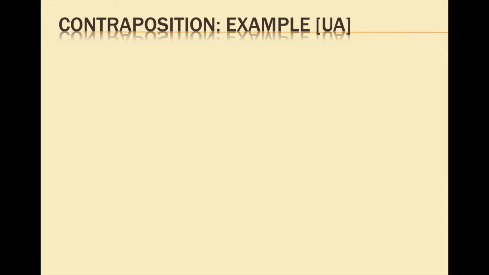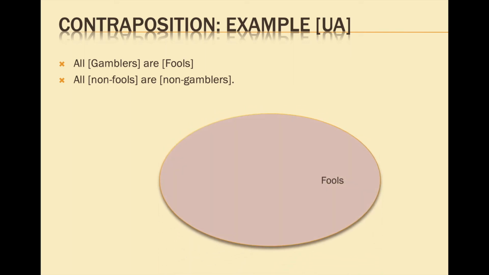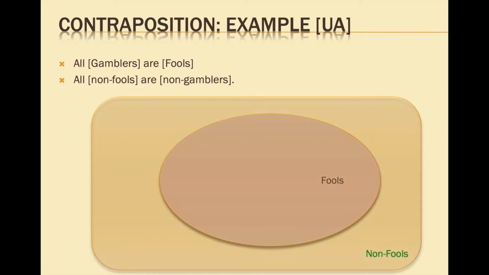And then we can look at this visually. We have the original statement, all gamblers are fools, and the logically equivalent statement after contraposition, after the two steps, all non-fools are non-gamblers. Here's our original predicate term, fools, and its complement, non-fools. We have the original subject term, gamblers, and indeed, if we take that first statement, all gamblers are fools, we see that represented here.